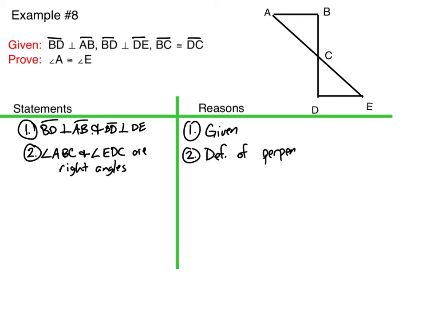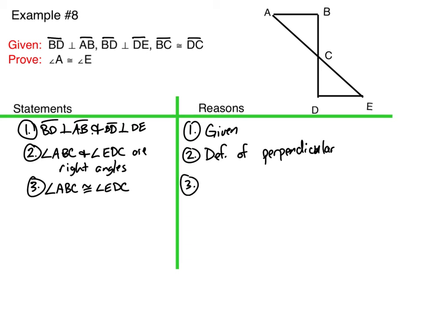If you have things that are perpendicular, like BD perpendicular to AB, then that means that you have perpendicular lines, and perpendicular lines mean right angles. So the definition of perpendicular gets me to a right angle. And from that, I can go right into step 3. So I can say angle ABC is congruent to angle EDC.